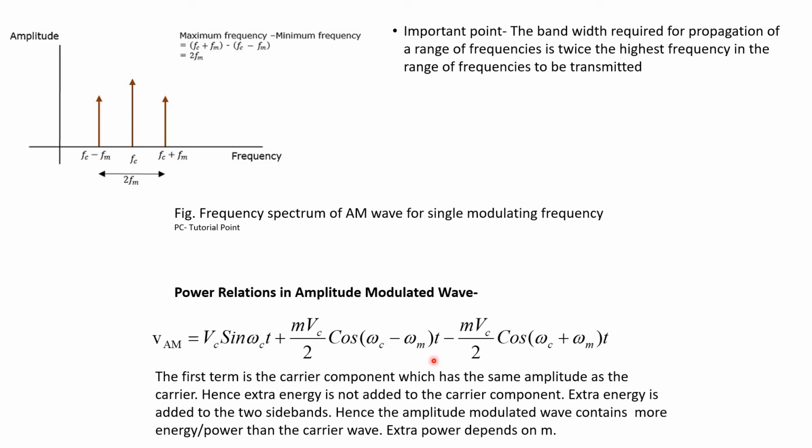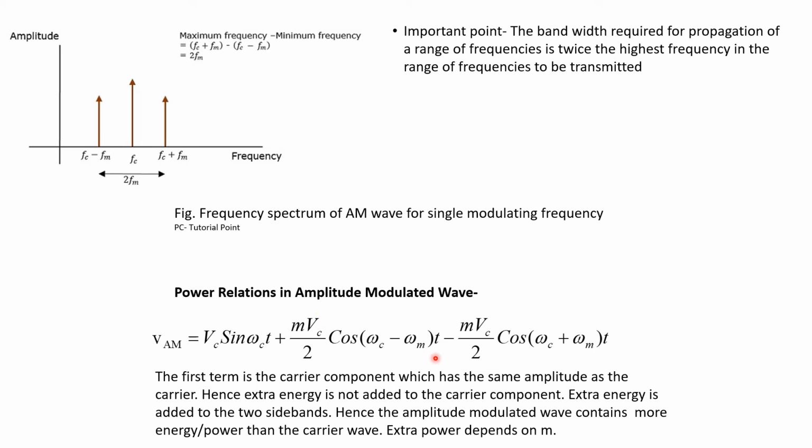But since two additional terms are also present in the amplitude modulated wave, additional power has to be supplied for propagating the amplitude modulated wave, in comparison to the case when only the carrier wave had to be transmitted from one place to another.